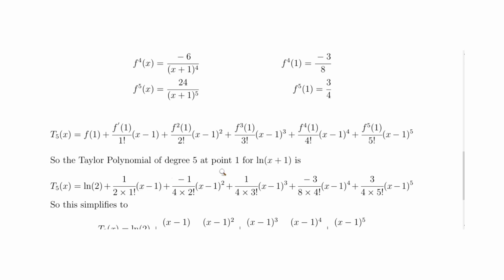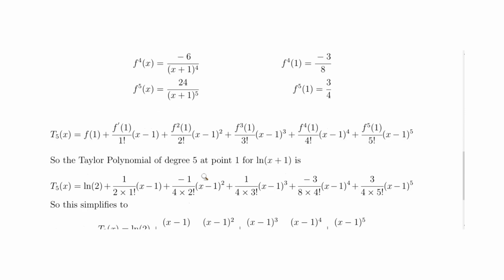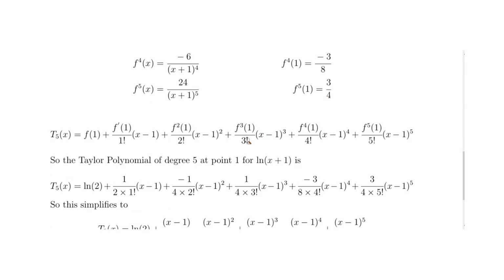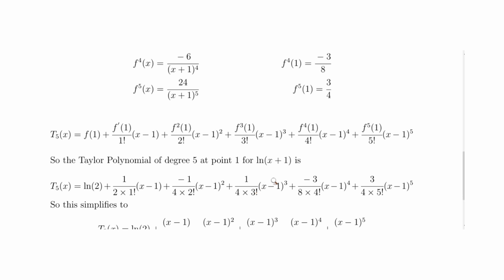Second derivative is minus 1/4, so we've got minus 1/4 times 2 factorial, x minus 1 squared. Same again, third derivative is 1/4, that's where we get this one here, so 1/4 times 3 factorial. You see the third derivative at 1, which we calculated here, was 1/4 divided by 3 factorial. So that's how we put the 3 factorial there, and x minus 1 cubed.